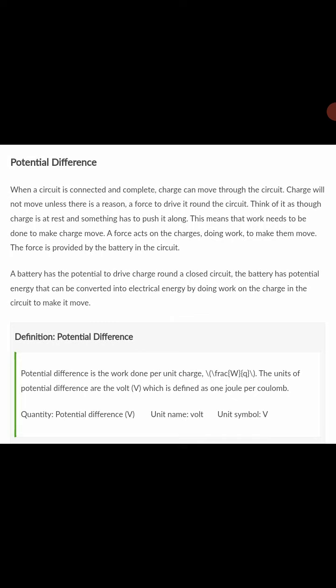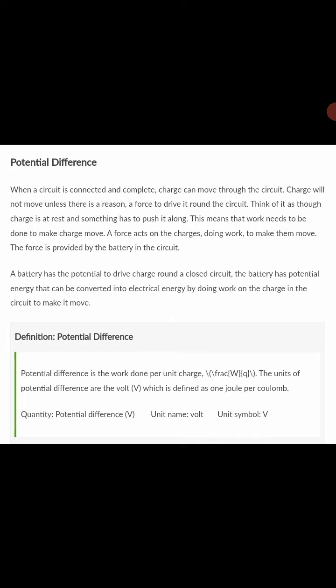So a quick definition of potential difference from this analysis: potential difference is the work done per unit charge. The work that is done in pushing a unit charge around the circuit is the work done per unit charge.